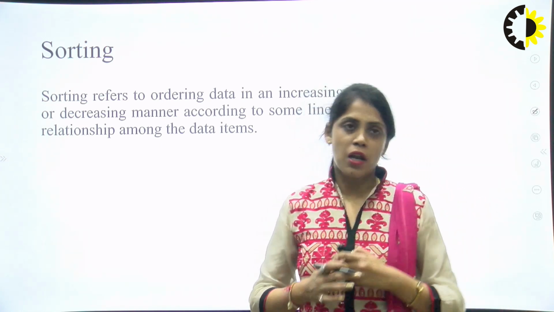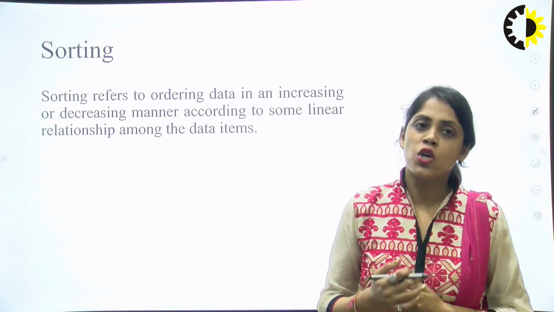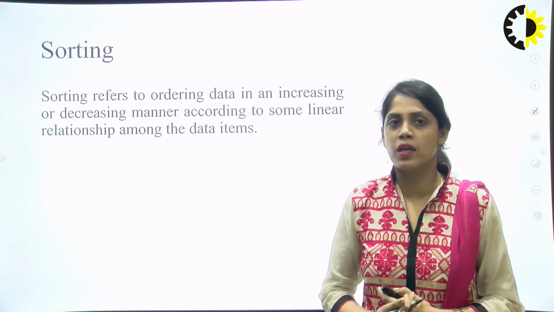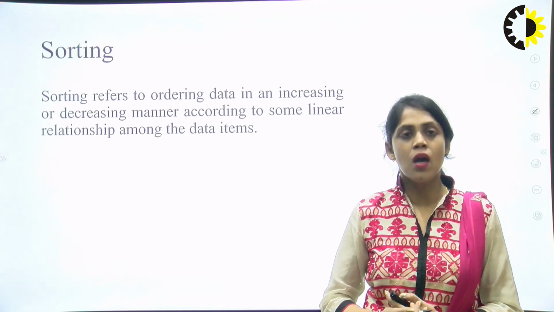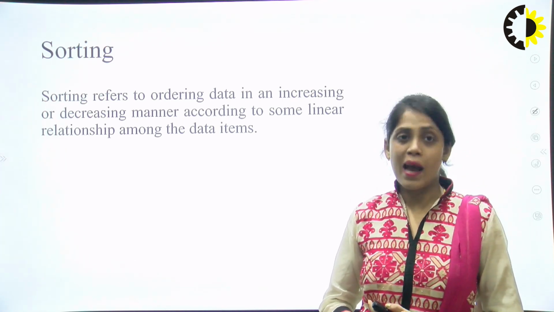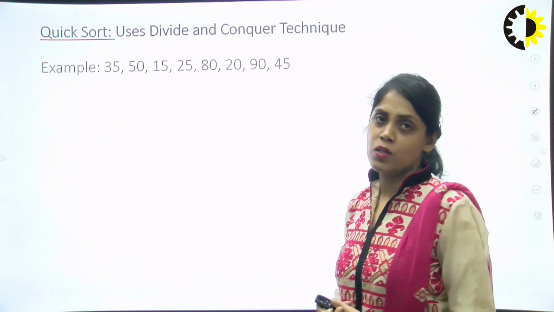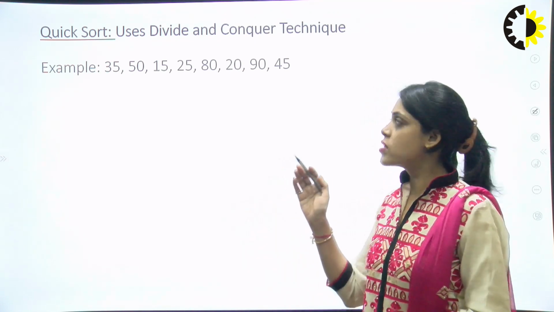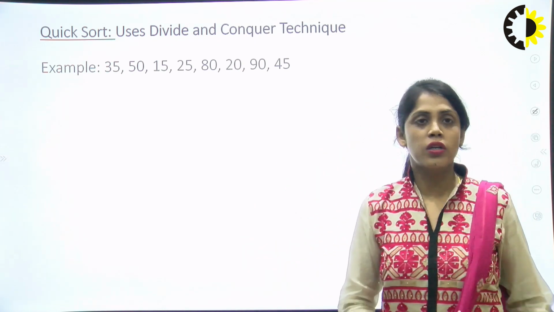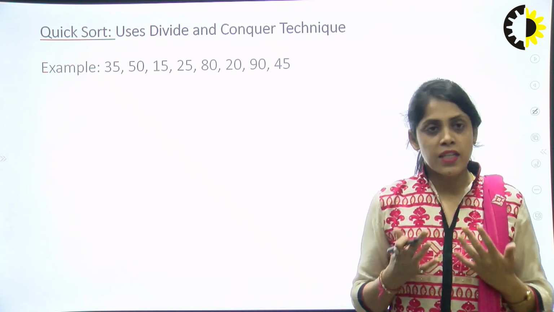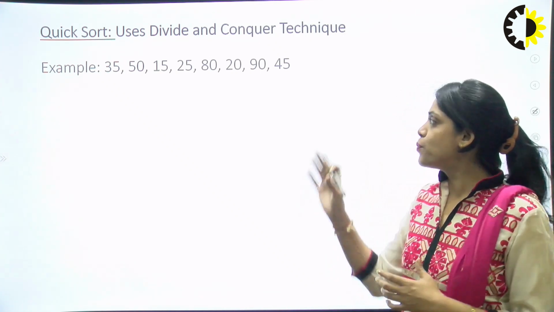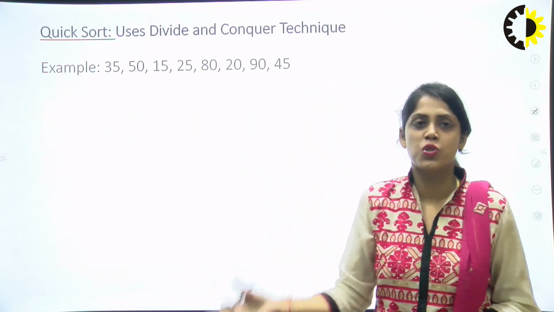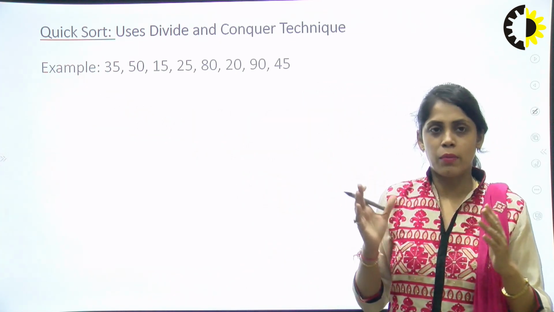We have a number of different techniques. They have different solutions and different methods. According to the requirement, they have their different advantages as well as disadvantages. But today, the topic on which I am going to focus is quick sort. Basically, quick sort uses the divide and conquer technique. Divide and conquer means whatever problem we have, whatever number of elements we need to sort, we will divide them one by one.